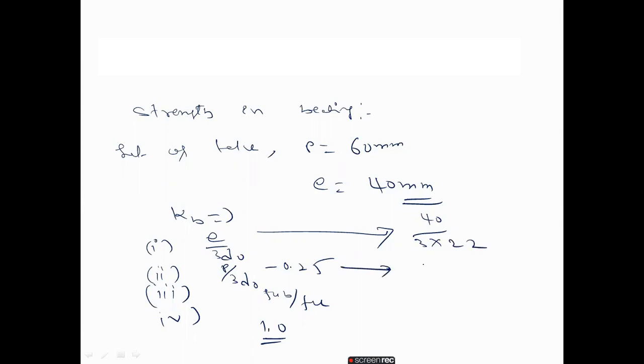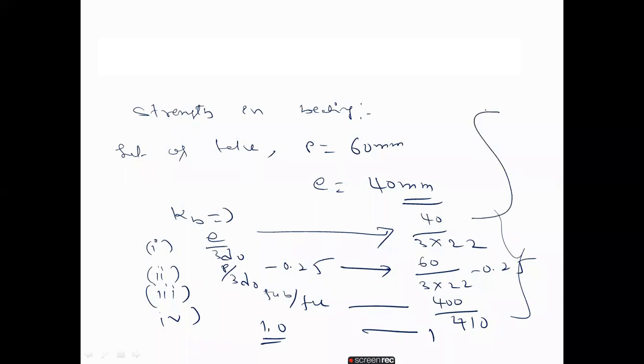Pitch gives 60 by 3 into 22 minus 0.25. Fub is 400, fu is 410, and the fourth is 1. The least value we get is 0.606, so this is the value of kb.